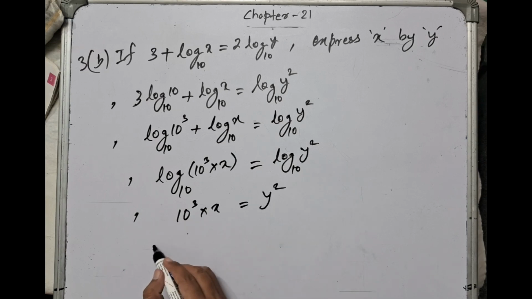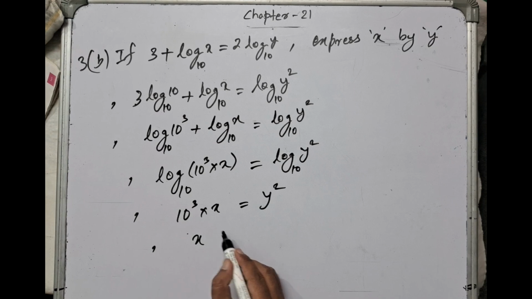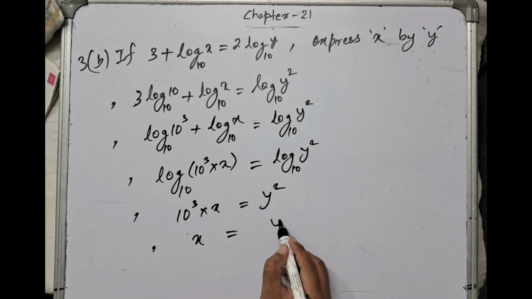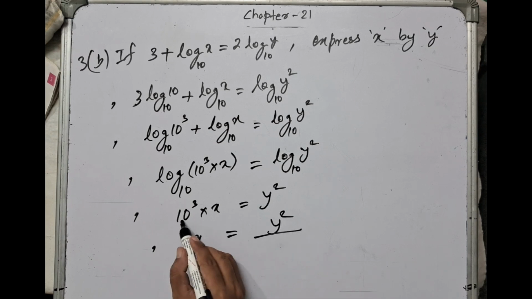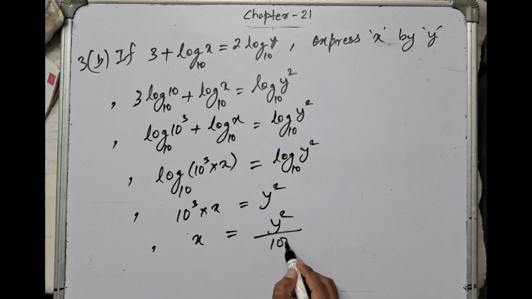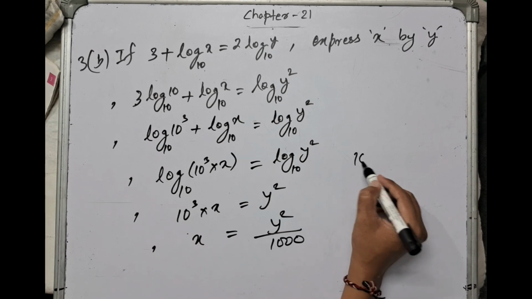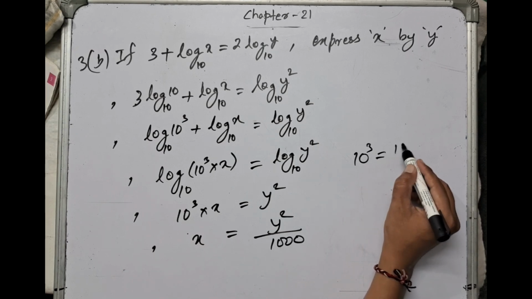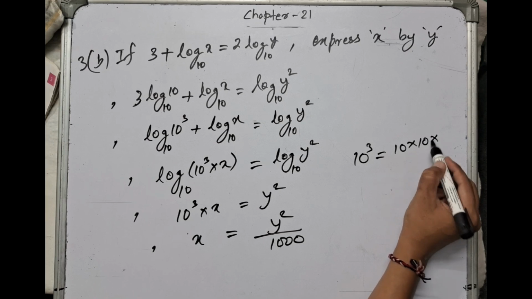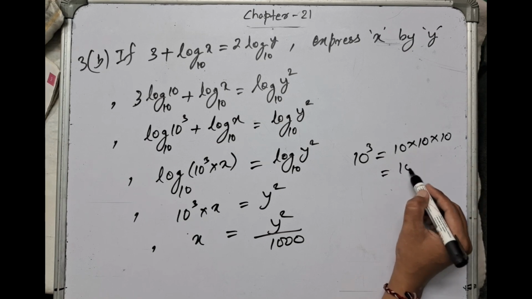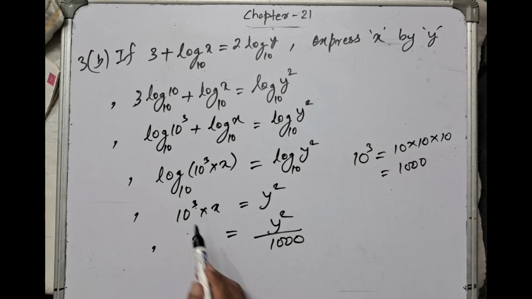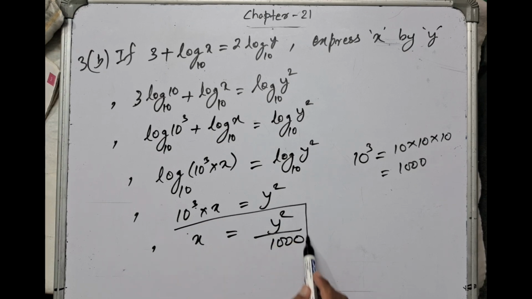This x we write in the left hand side equal to y square upon 10 cube, which means 1000, isn't it? 10 cube means 10 into 10 into 10. This is 1000. So 10 cube we take to the denominator on the other side. So x equal to y square upon 1000. This is the solution.